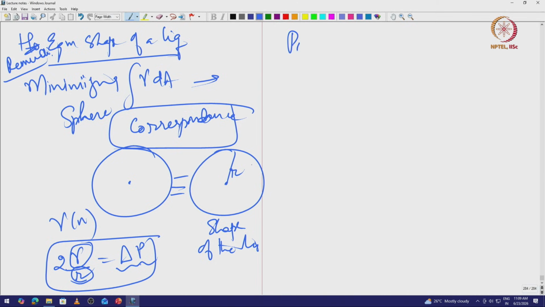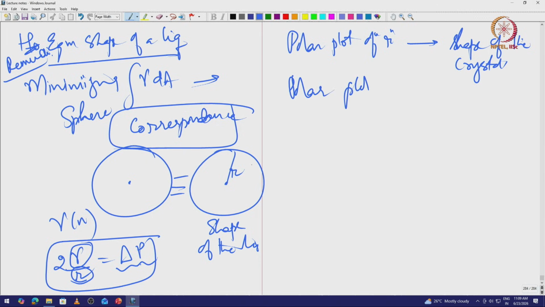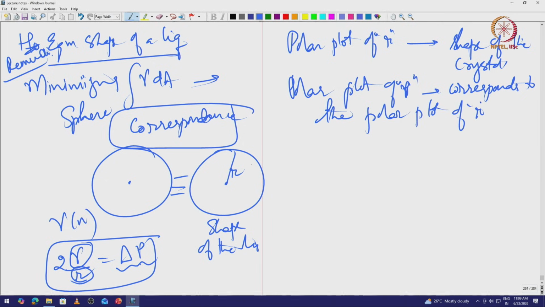So, the polar plot of gamma corresponds to the polar plot of r through the relation 2 gamma by r, or gamma by r equal to delta p by 2.